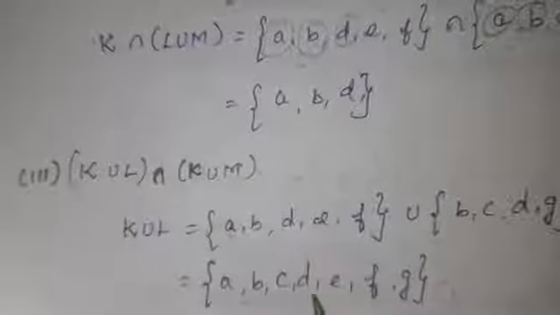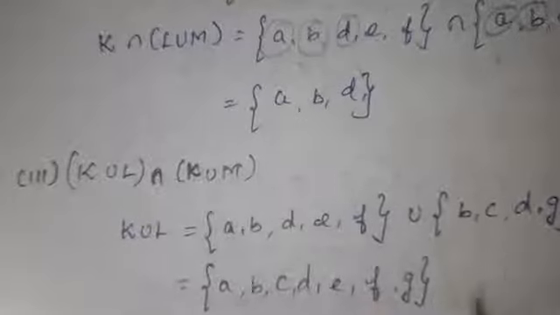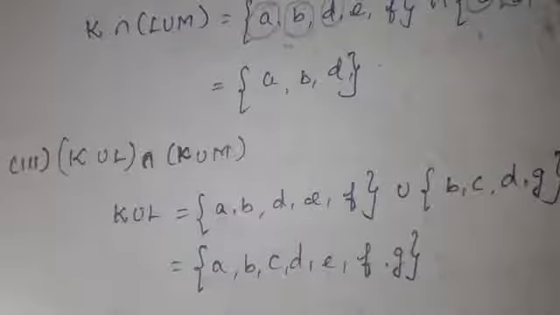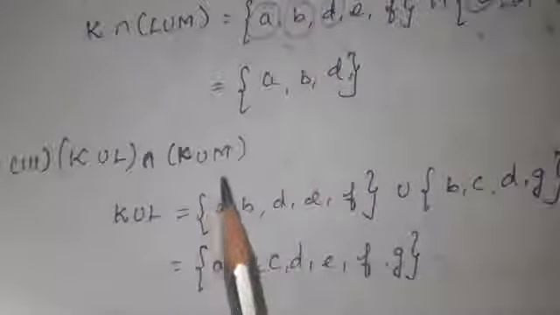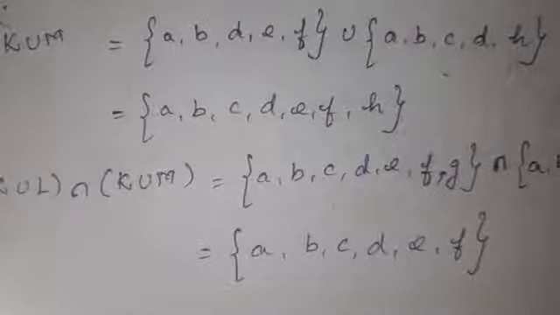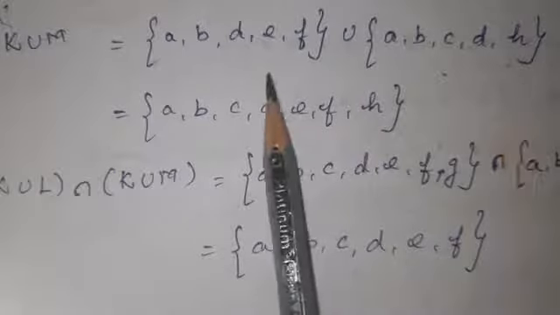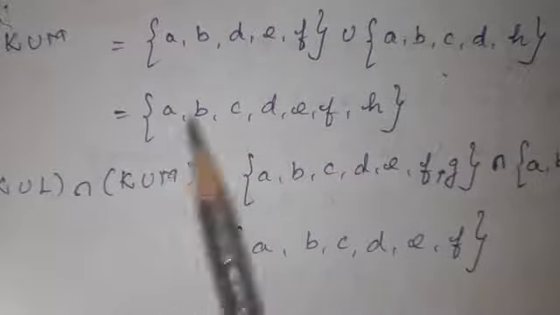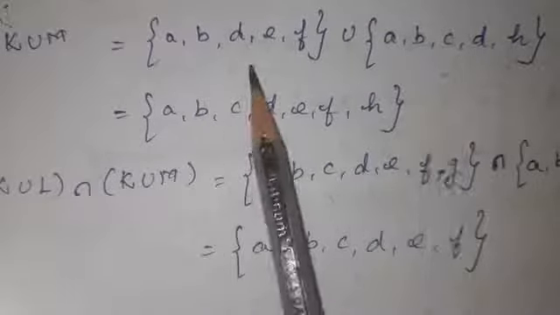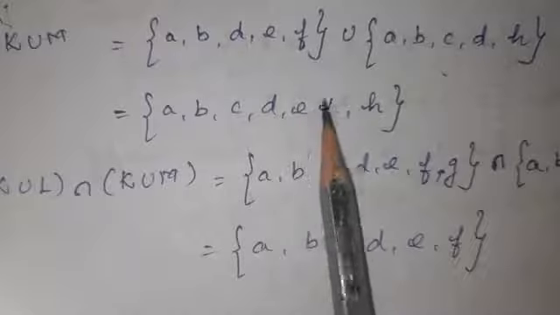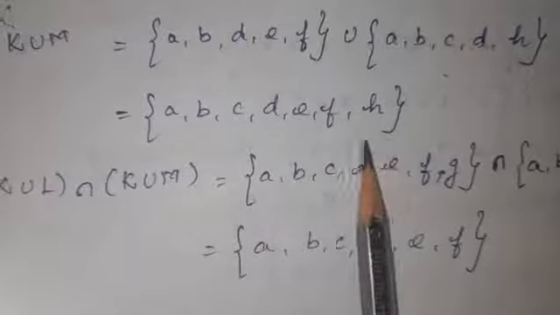Join together, write each element one time: A, B, C, D, E, F, G. Next you should find K union M, K set union M set. For both you should take union: A, B, C, D, E, F, H.